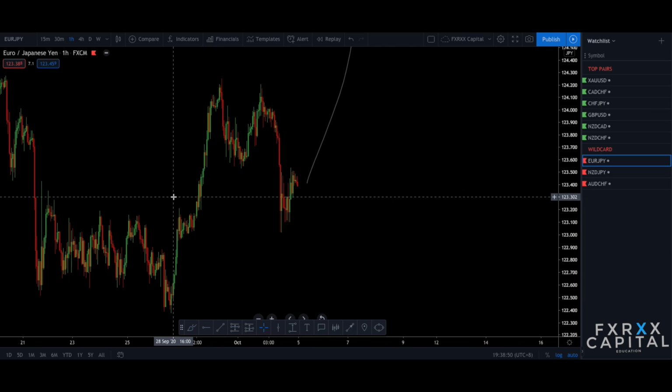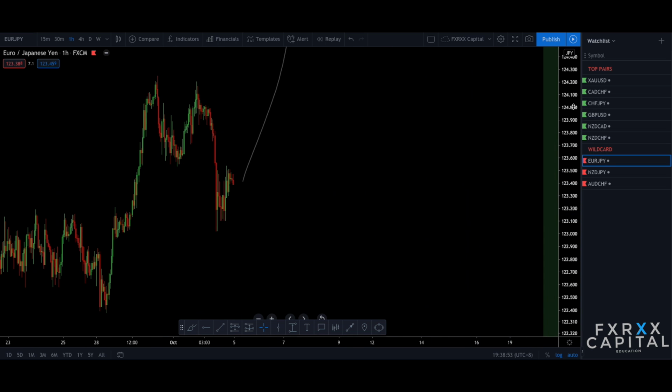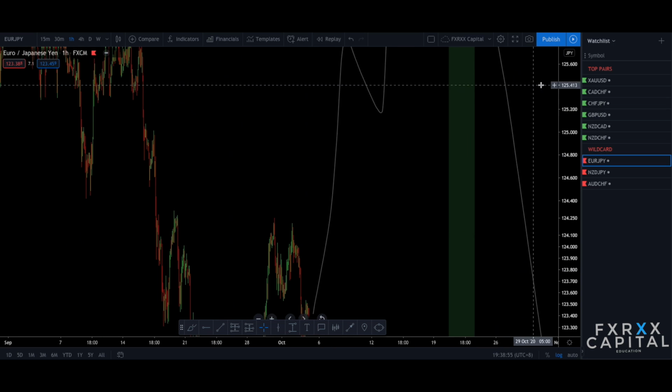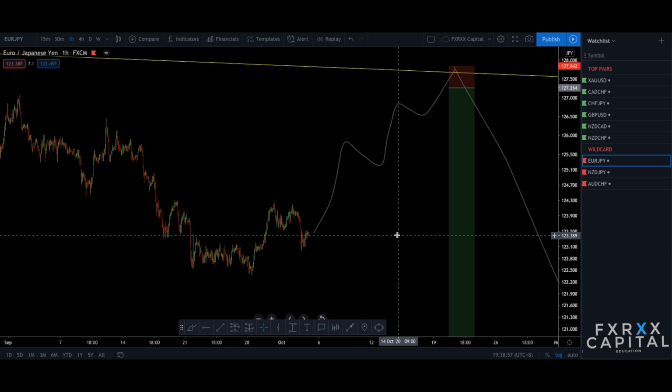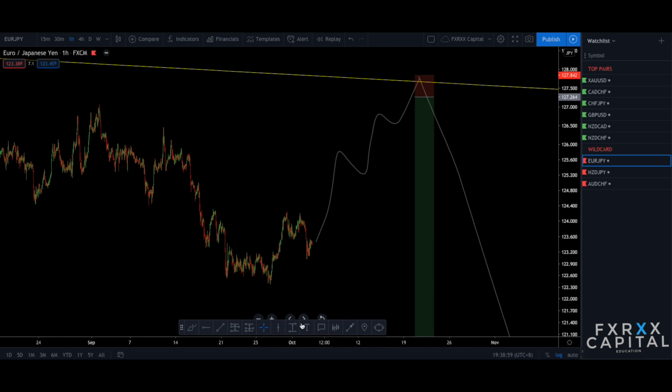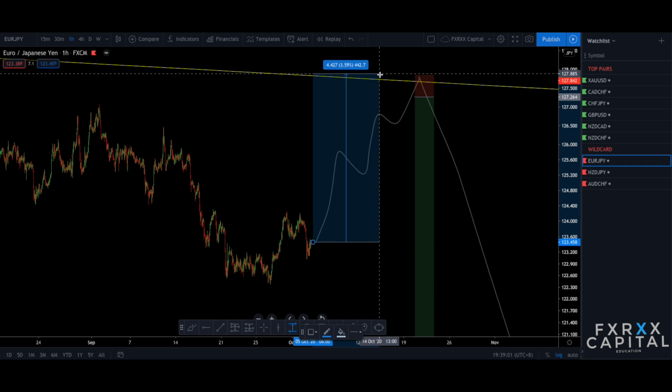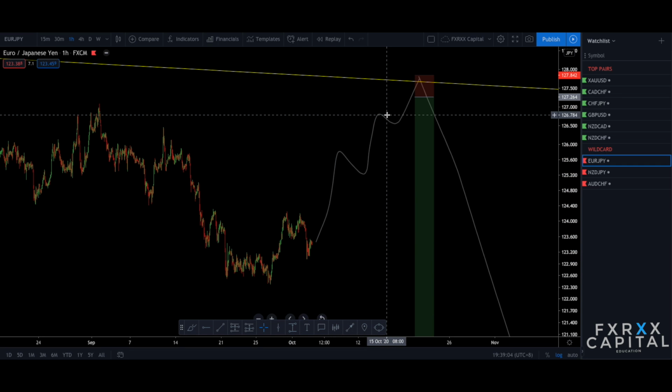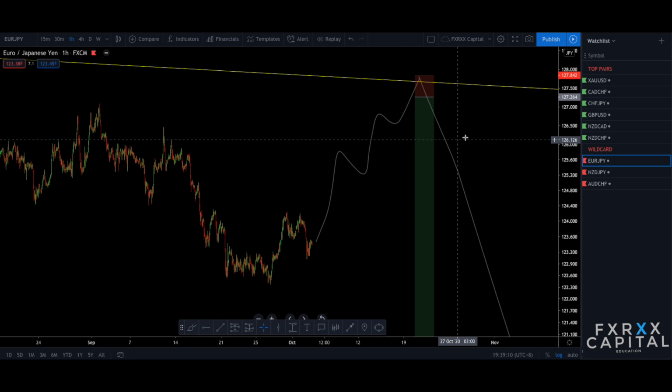Zoom in a little bit. Quite a long journey. How many pips to upside? 400 pips, might be next week. However, we forecast early and are ready when the price approaches this area.